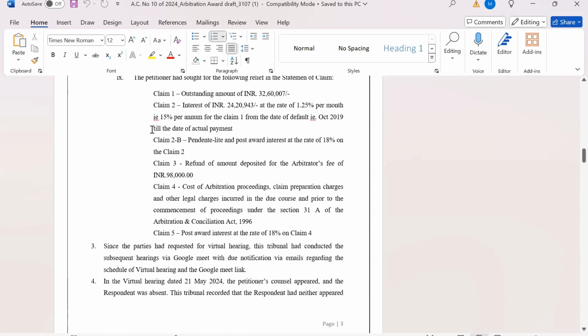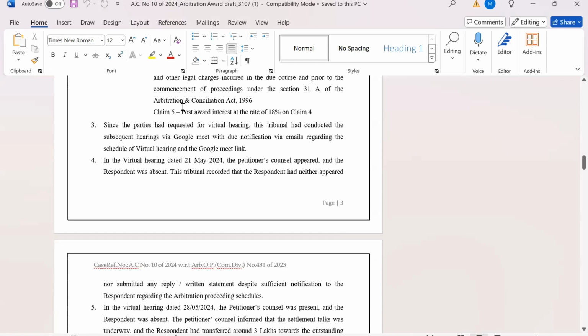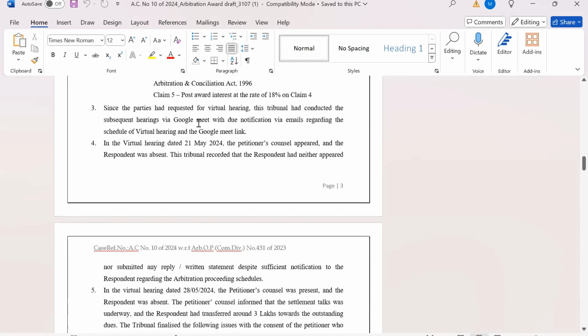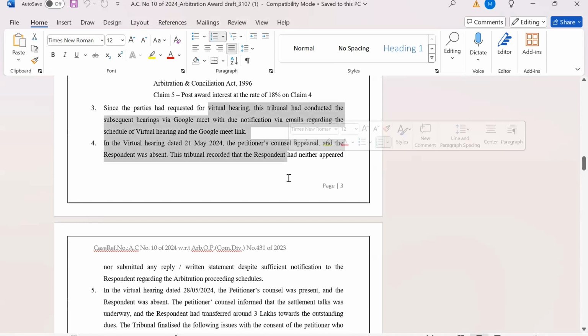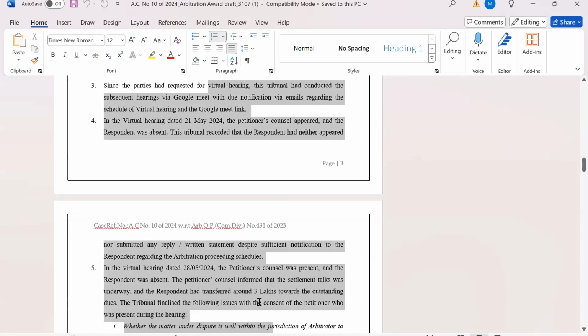These are the prayers of the claimant. After the preliminary meeting, all the hearings were conducted virtually, and that is also recorded here. Whatever happened in the hearings is recorded in the award.